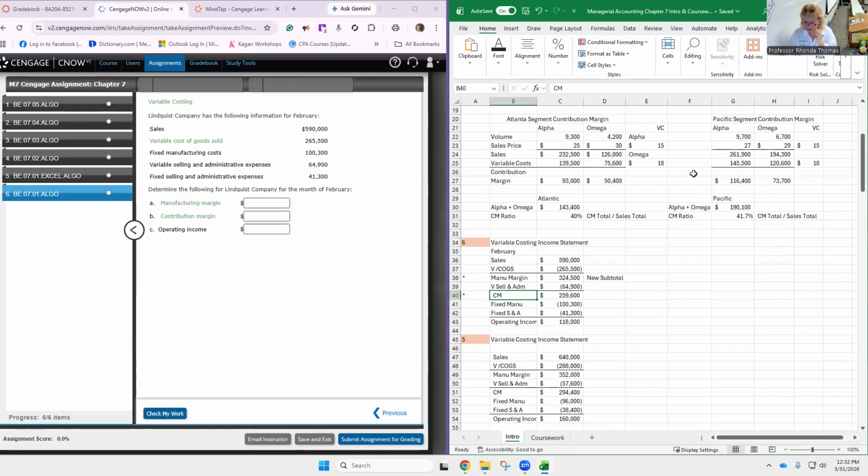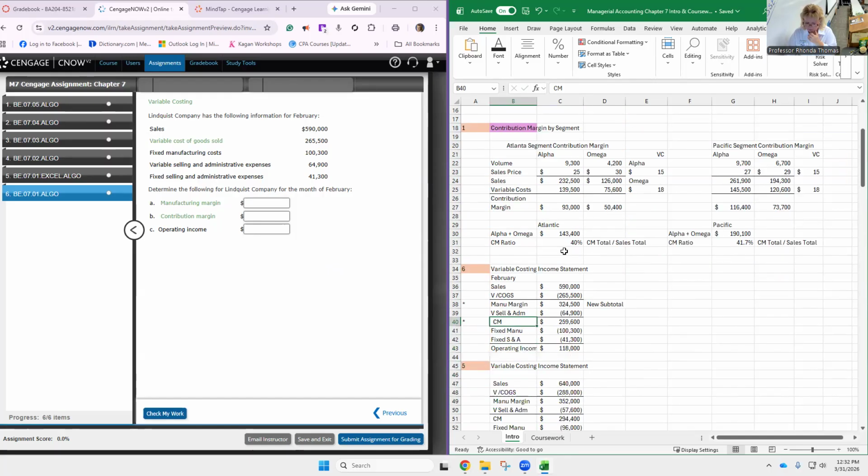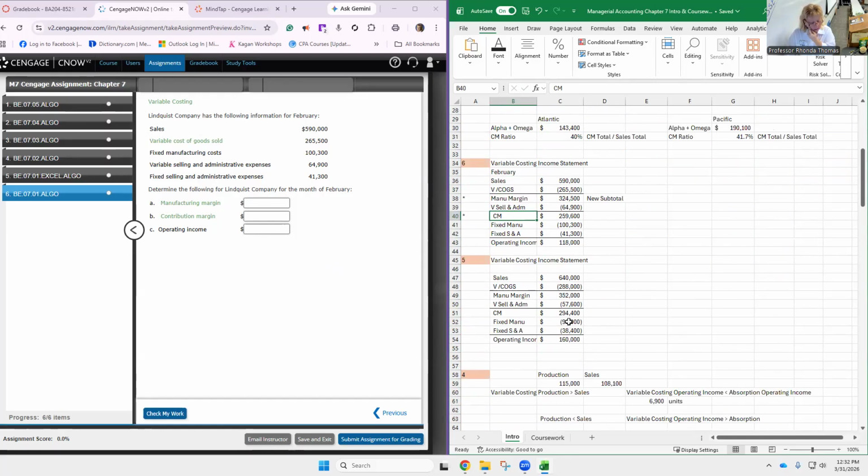Usually selling and admin in absorption is down underneath the gross profit, but in variable costing, we want it immediately after the manufacturing margin. So I put variable selling and admin of 64,900, and we have a contribution margin of 259,600. So let's put in the manufacturing margin and the contribution margin.